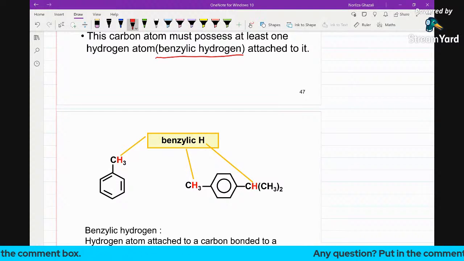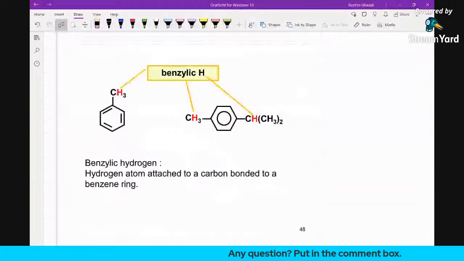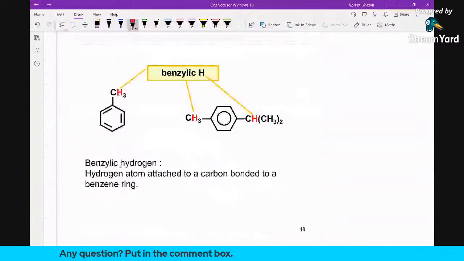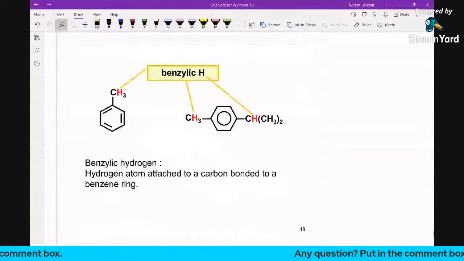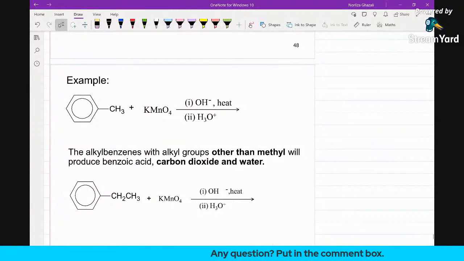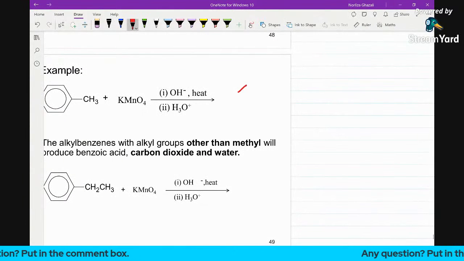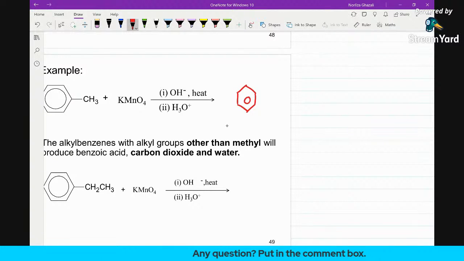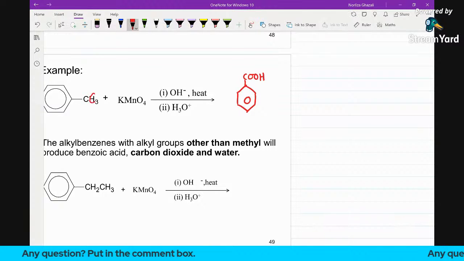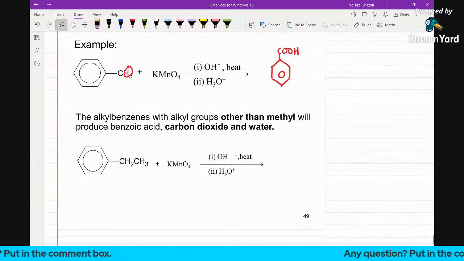So benzylic hydrogen is actually a hydrogen atom attached to a carbon bonded to the benzene ring. Okay, all of these you can get. Example, toluene: this one will change to benzoic acid, because it contains benzylic hydrogen.